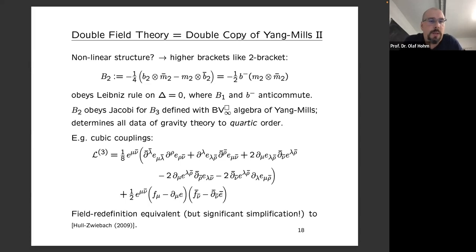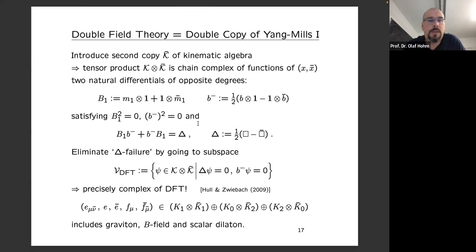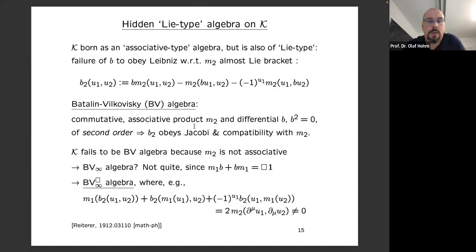And next, you want to check that B2 obeys Jacobi up to homotopy. In order to check this, you have to define the proper B3 using the inputs of the BV infinity box algebra of Yang-Mills theory. Because if you have that, then you have the full gravity theory to quartic order. And this can be given, and it just uses the ingredients that we get on the Yang-Mills side.